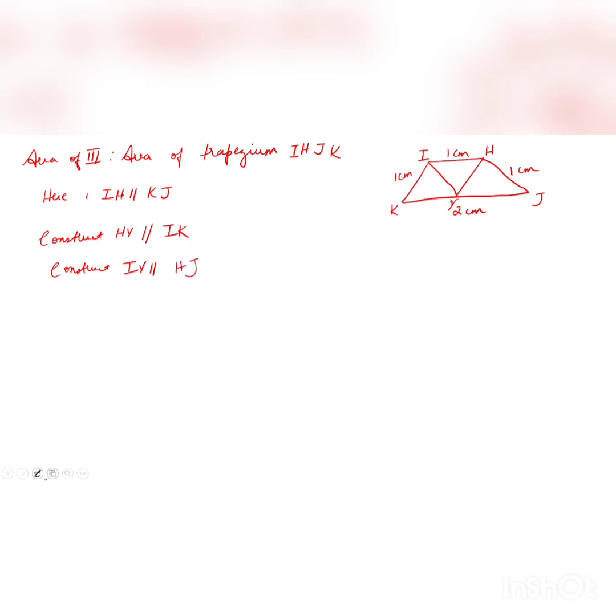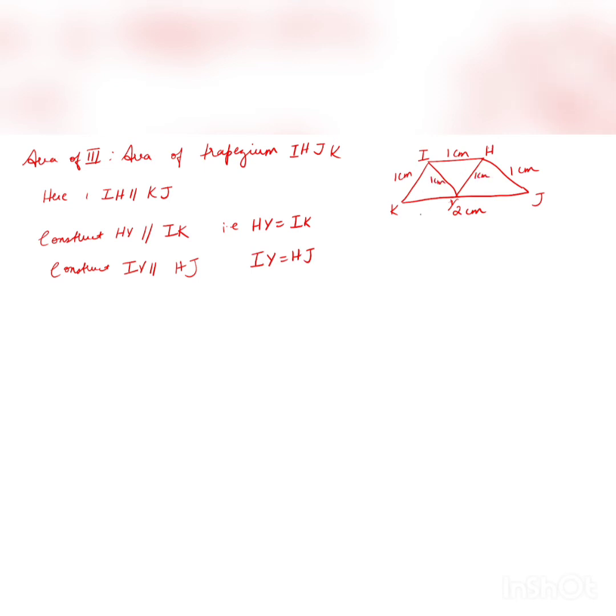Don't focus on this line, focus on this line. HJ is parallel to IY. Clear? So if the lines are parallel, that means HY must also be equal to IK and IY must also be equal to HJ. That means this must also be 1 centimeter, this must also be 1 centimeter.